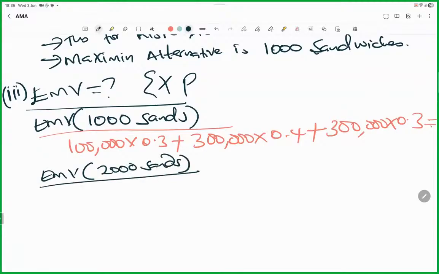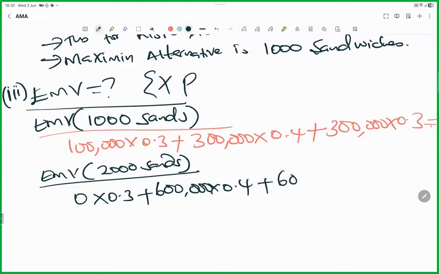I can see the payoff, the zero there, times 0.3, plus 600,000 times the probability of 0.4, plus 600,000 times 0.3. Are you able to give me this answer, somebody there? For 20,000. Thank you so much.